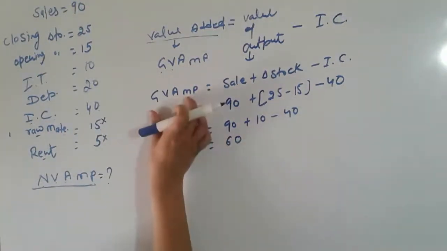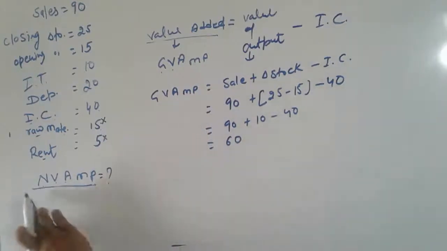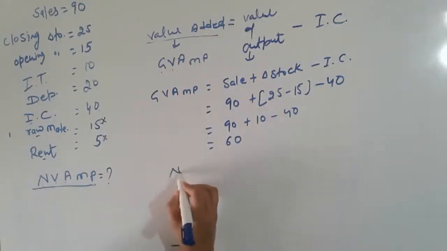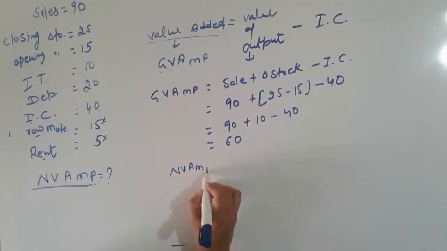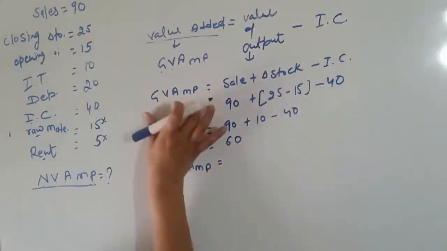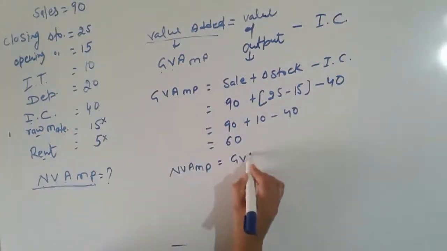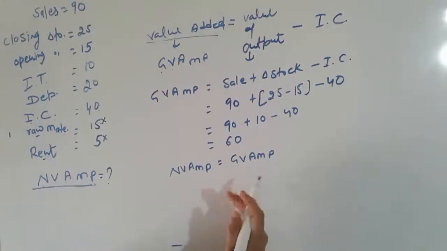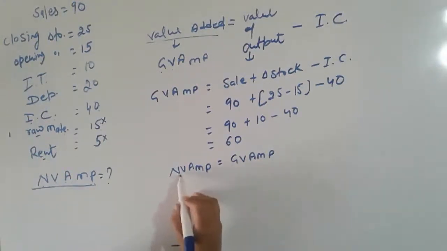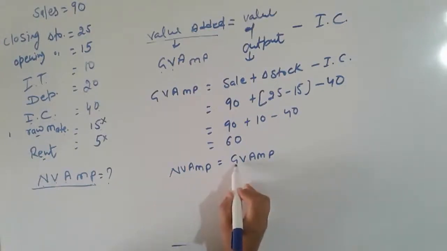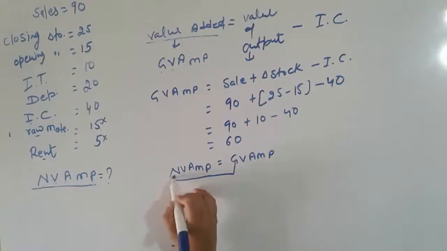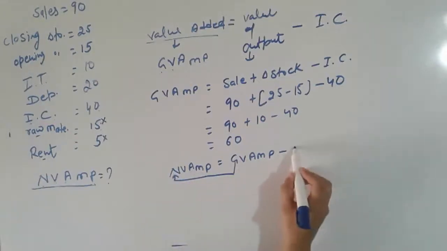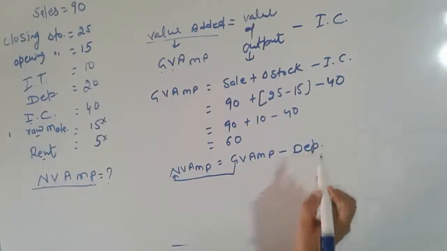60 is the gross value added at market price, but we have to calculate net value added at market price, and we already have gross value added at market price. So what adjustment is needed now? We have to calculate net, and we already have gross. We have to move from gross to net. So minus depreciation.